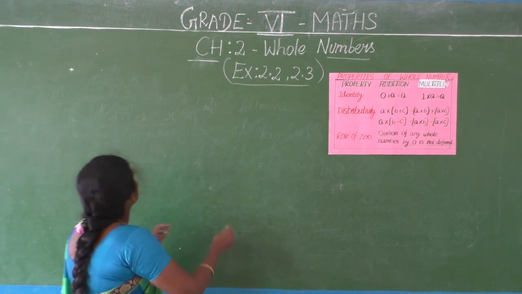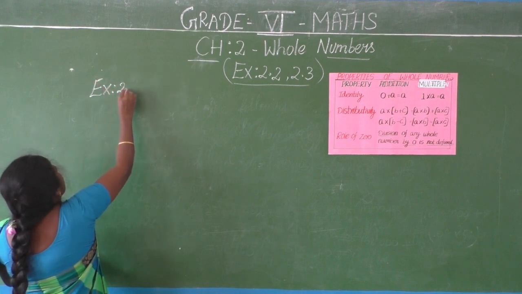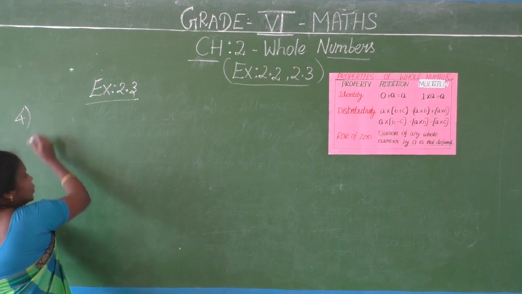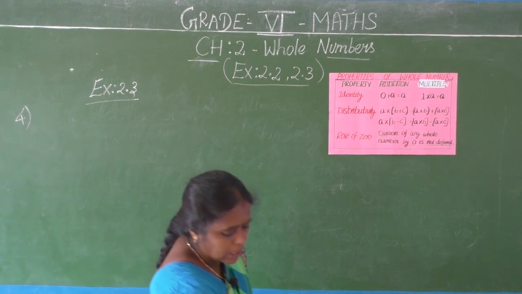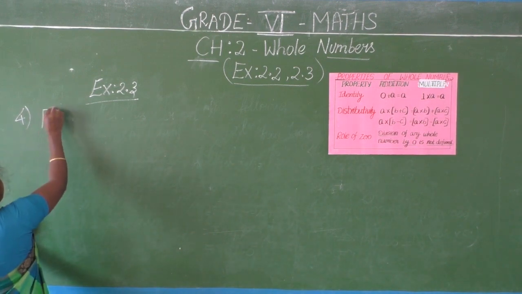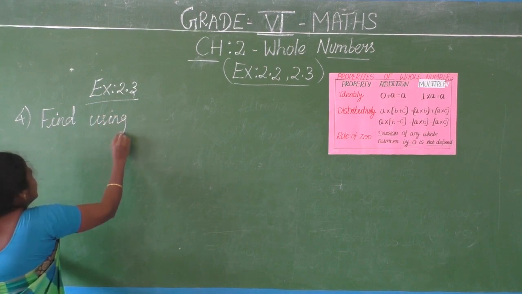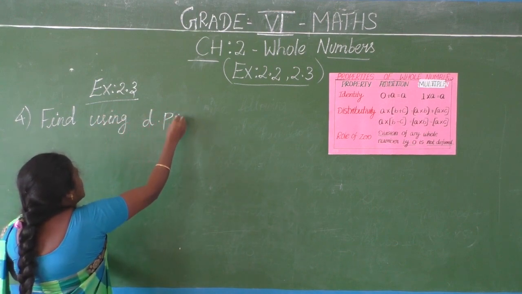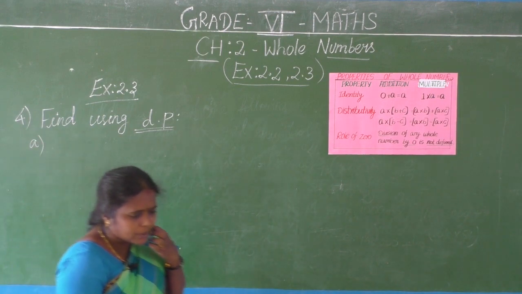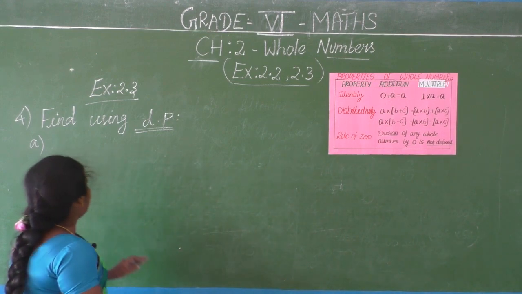See exercise 2.3, 4th section. Using distributive property solve it. Like that the question is given. Find it using distributive property. Clear? First question, 728 into 101.